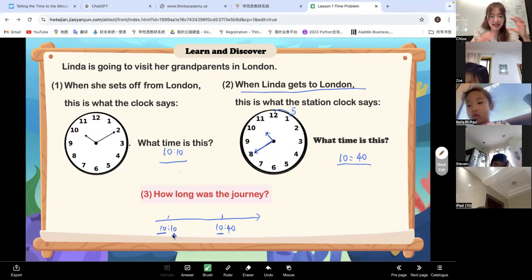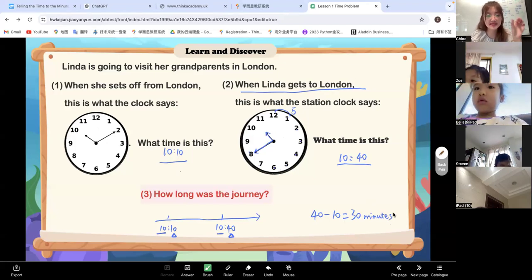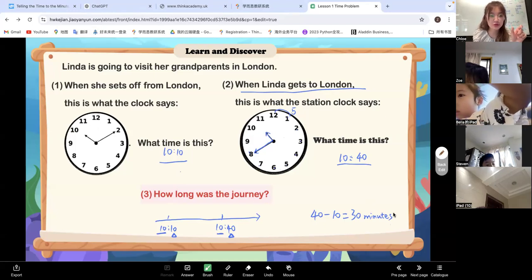So we start from the 10 and then now it ends with 40. So we can do 40 take away 10, which is 30. And we know the unit will be minutes. Can you follow me, everyone? Because the hour is always 10, we just need to do the calculation for the minutes. 40 take away 10 will be 30, okay?